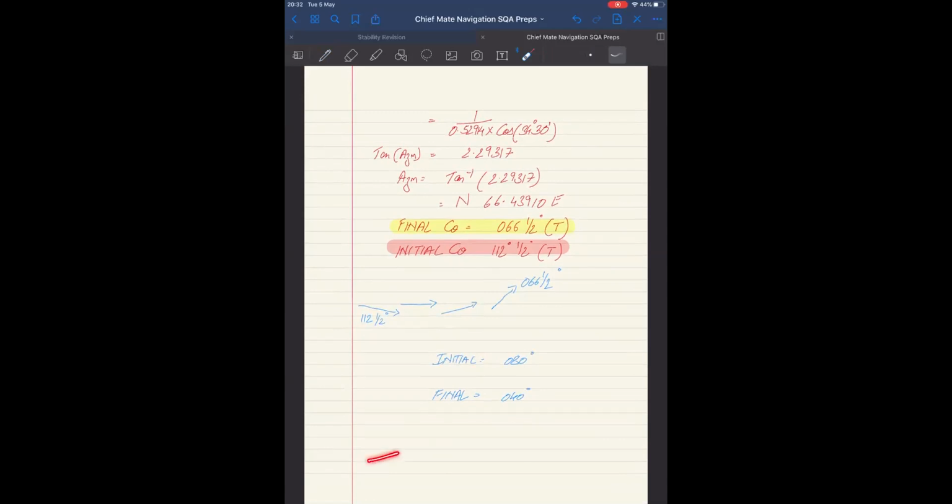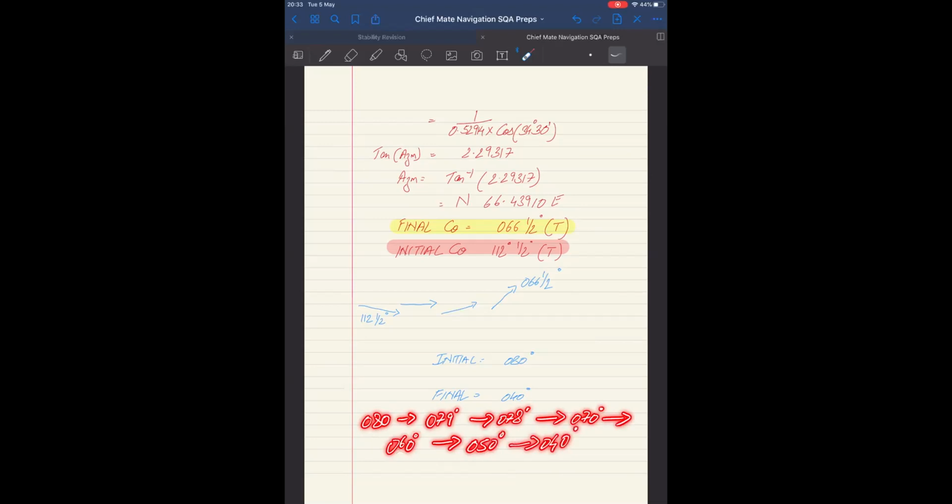So 080, it would be like this, then changing like this, then like this, till the point you come to 040. So the course was actually changing over a period of time, which will come as 080, 079, 078, and then at some point at a greater interval it would be 070. At a still greater interval, it would be 060, then in the same way 050 and 040.